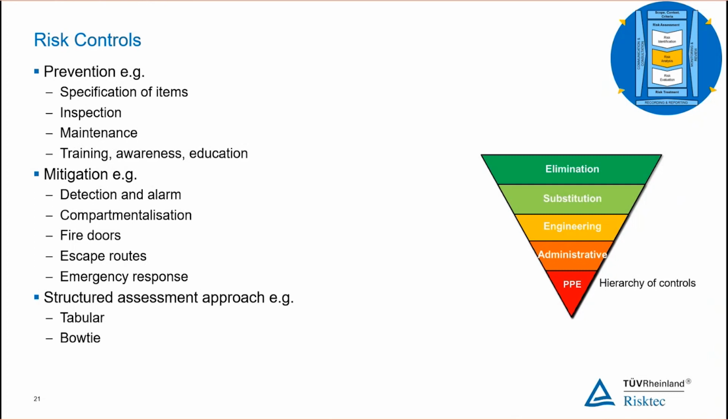But as we're going down here, as a general principle, we're getting less effective as we go down this, because we're going from absolute safety through engineered safety to people-based safety. We're getting less effective. We're generally getting cheaper.